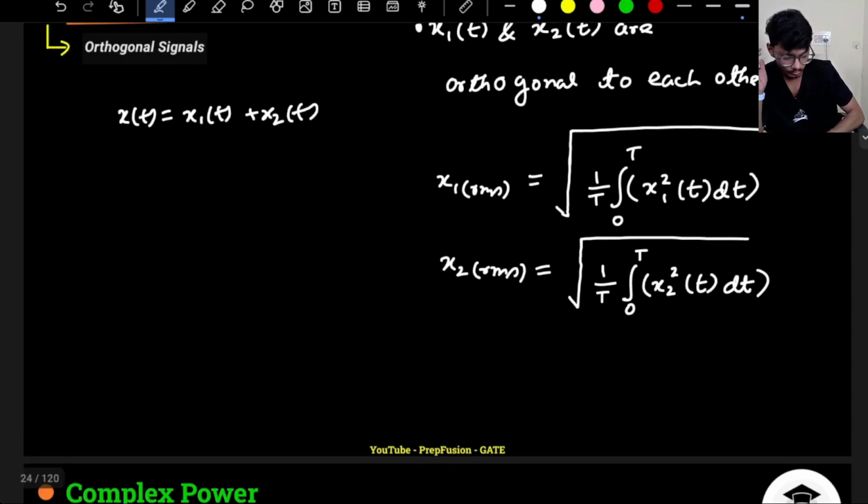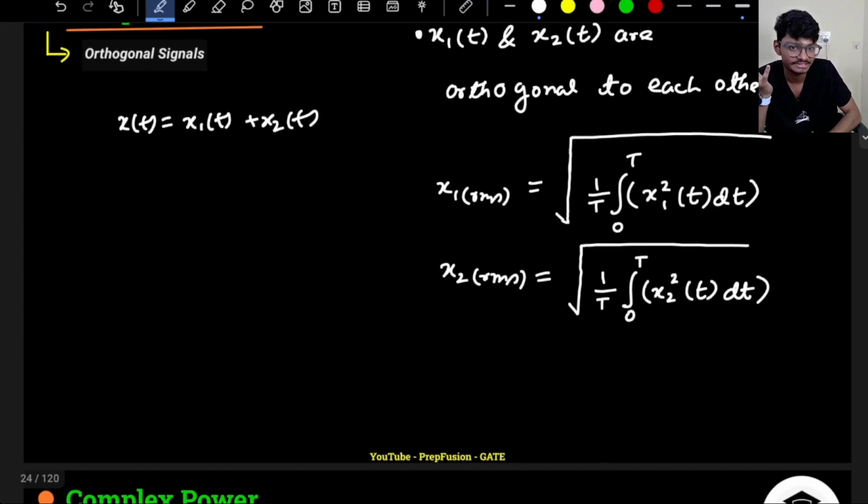Now let us come to the real point: how do I compute the RMS value of x of t? For RMS calculation, we first square. So I will square on both sides.